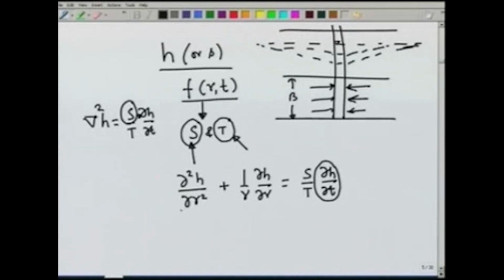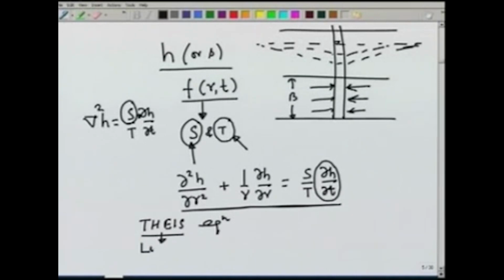The solution of this equation is a little complicated. It is not as easy as it was for either one dimensional flow or for a steady state flow, and therefore, the person who derived this solution first was Theis.